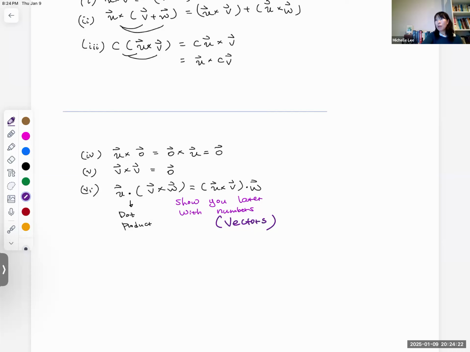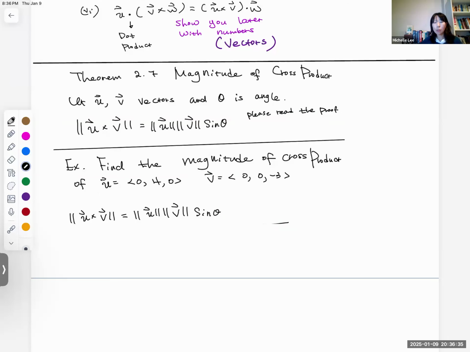Okay, now we have the magnitude of cross product. Last time we used the dot product related with the cosine, right? The magnitude of cross product is related with the sine. So let me bring it up here. Okay, so this is Theorem 2.7, magnitude of cross product.